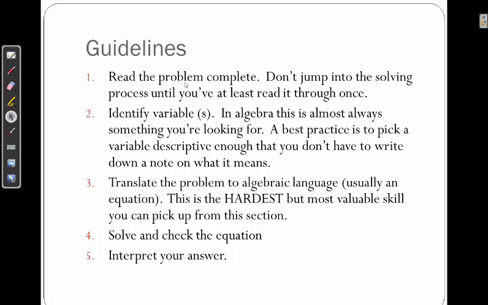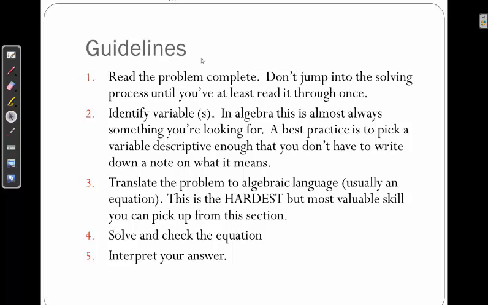One of the most common errors students make, and honestly I make it from time to time, is to jump into the solving process before I finish reading the problem. Because sometimes you get a bit of information and you think, oh, this is going to be an area problem, I should set up an area formula. Well, finish reading the problem and see if that's what they need. If not, you need to try something else.